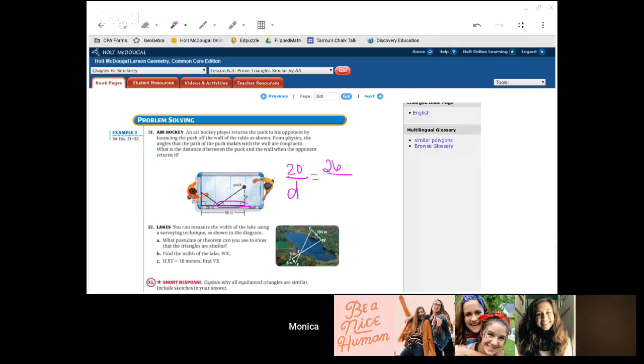Well, we know that the whole length there is 66, right? But if you look at that, that 66 includes the 26. So then what's the distance just of that part I circled of the bigger triangle?